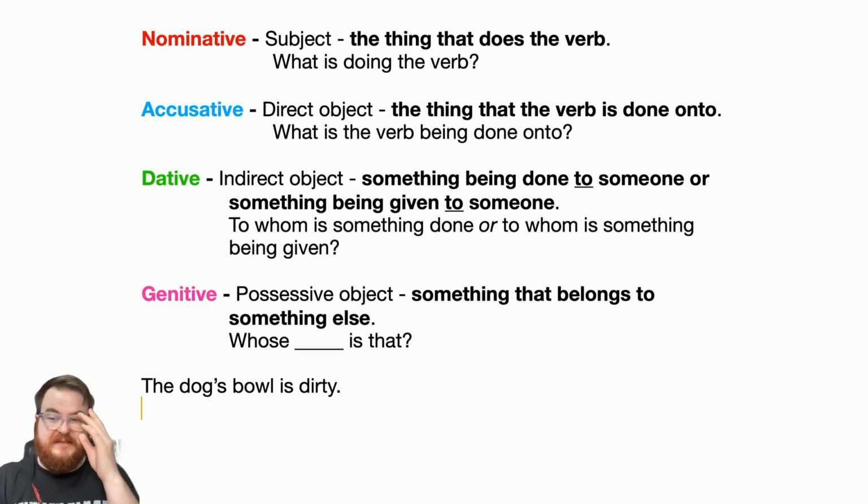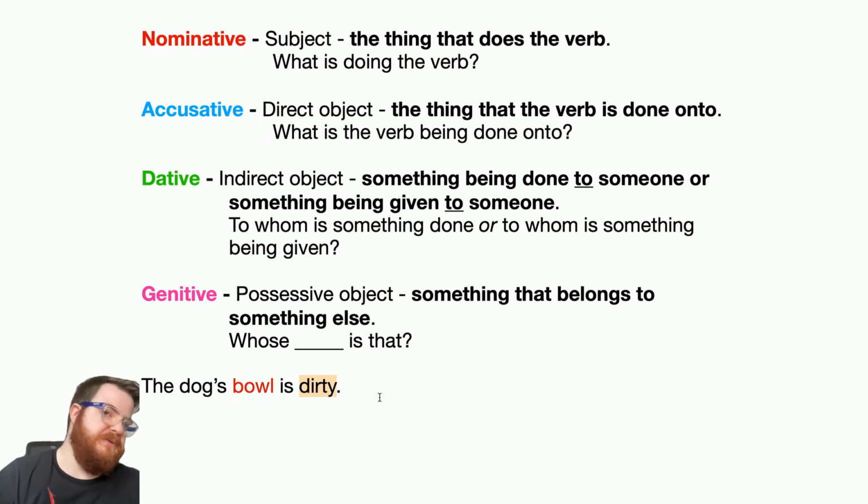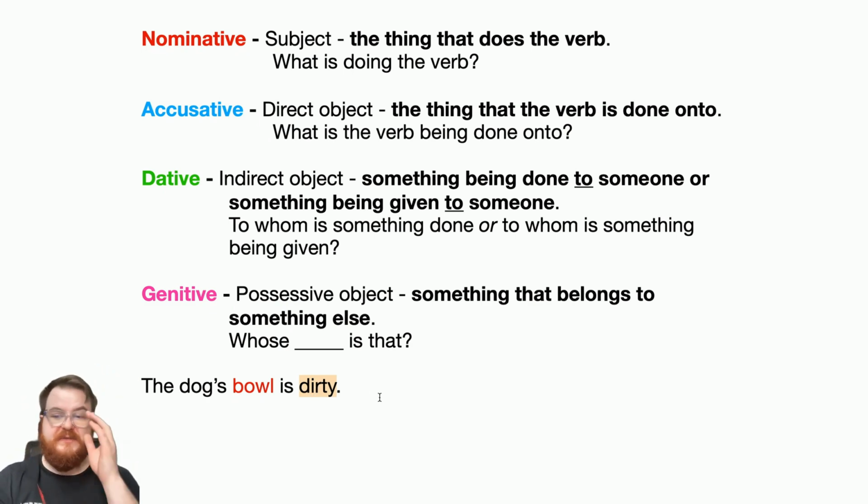So in this sentence, we have a nominative. The bowl is nominative. There is no accusative because dirty is an adjective, it's not a noun. There is no dative, but there is genitive. And here it is, right there. The dog's bowl is dirty.